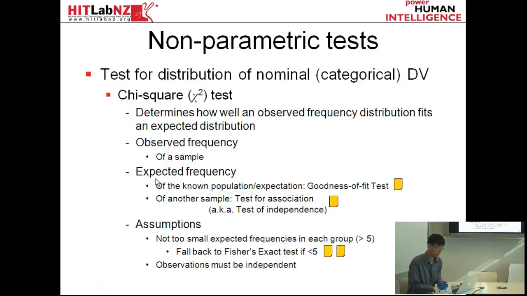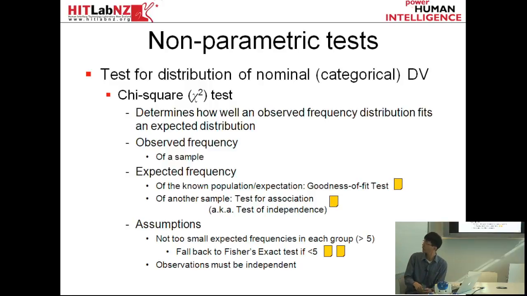And the catch here is, when you're doing this chi-square test, it expects to have more than 5 observations in each group. So here, all of the cells were higher than 5, so the chi-square test is applicable.